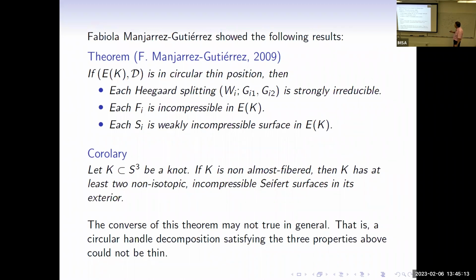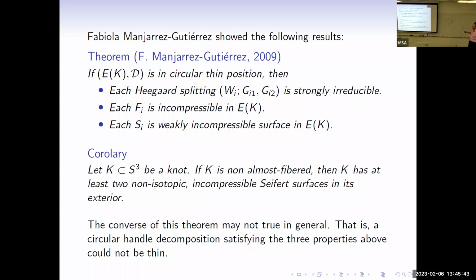Then by Fabiola Manjarrez-Gutierrez, he showed this: if we have a decomposition in separate position, then the Heegaard splitting is strongly reducible. And furthermore, each Fi is incompressible, and each Hi is strictly incompressible.